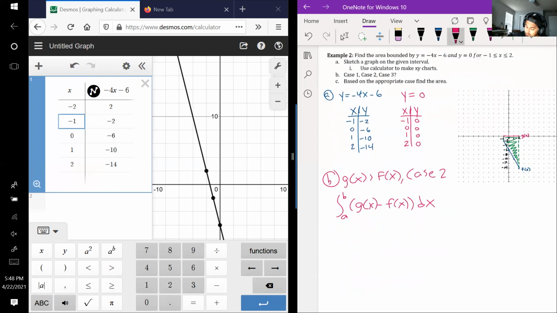So that means we can move on to step C, set up our integral. We're going to get the integral from negative 1 to 2 of 0 minus, so g of x is 0, and now we're going to plug in f of x. But be careful here. Make sure to put f of x in parentheses.